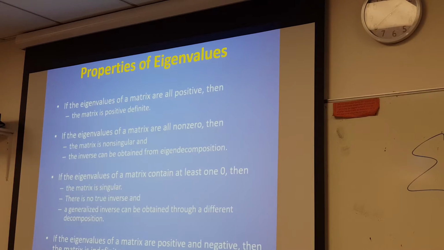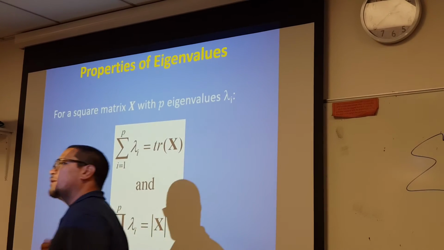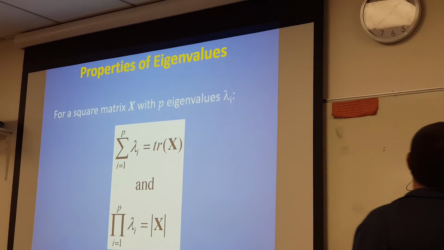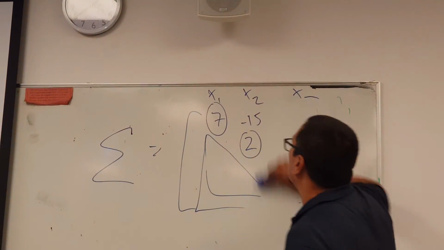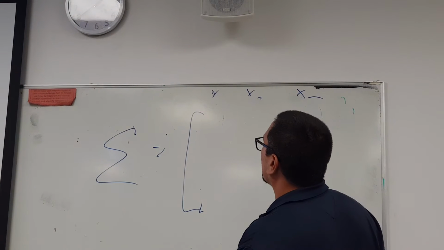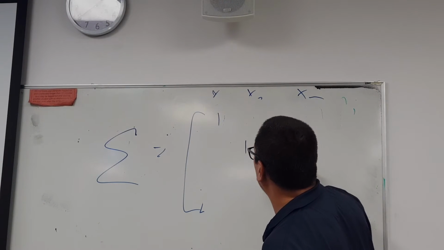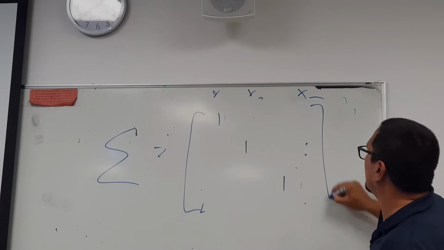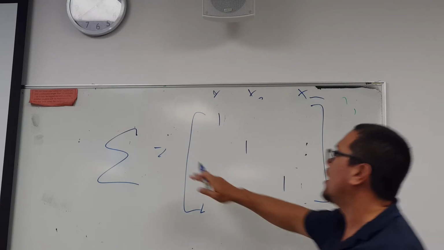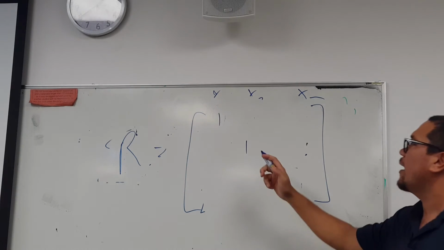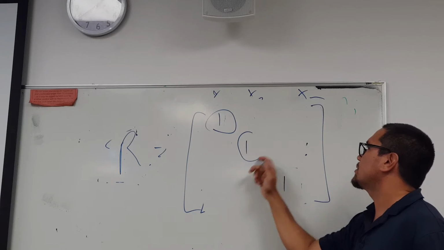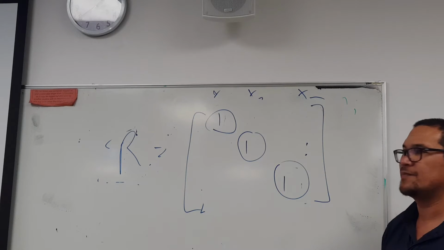Okay, so this is probably more useful, because when we've been doing it in SAS, we haven't typically been doing it on the variance-covariance matrix. That's not usually what you do. Usually, you do it on the correlation matrix, R. And this is just a value of 1 down the diagonal, right?